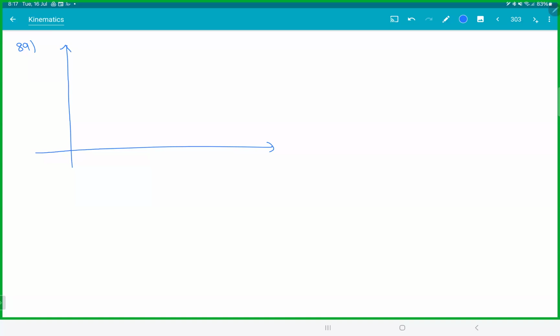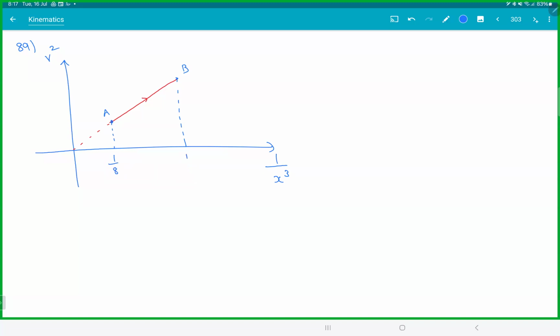So we have a graph between v square and 1 by x cube. So you're going from point A to point B. This is 1. This is 1 by 8. Actually, I wrote reverse.